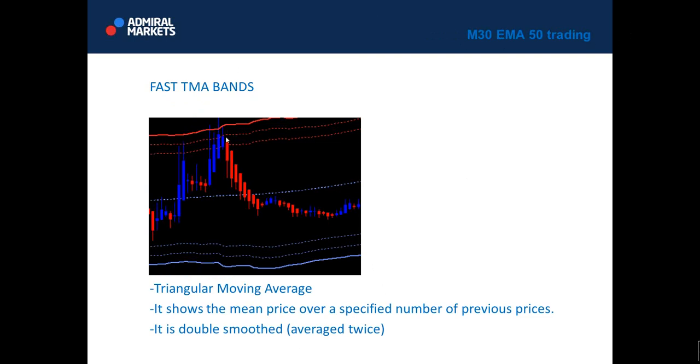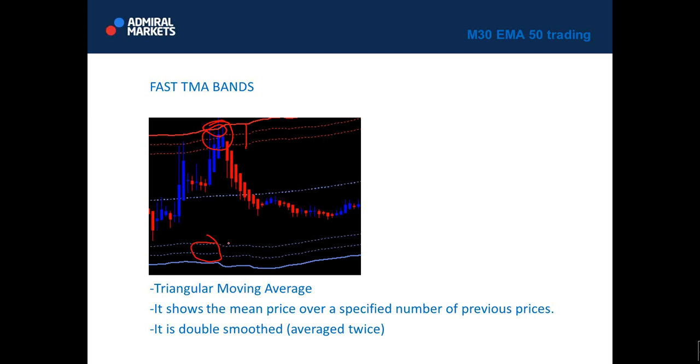So those TMA bands are showing you the peak for a particular price. This zone here is basically the peak for the price, and you want price to touch these triangular moving average bands in order to trade contrarian. The same is for the lower bands.